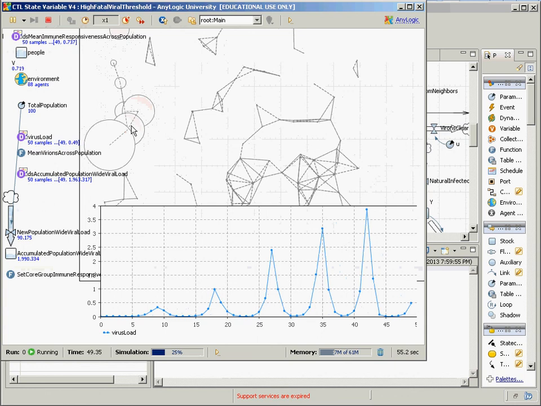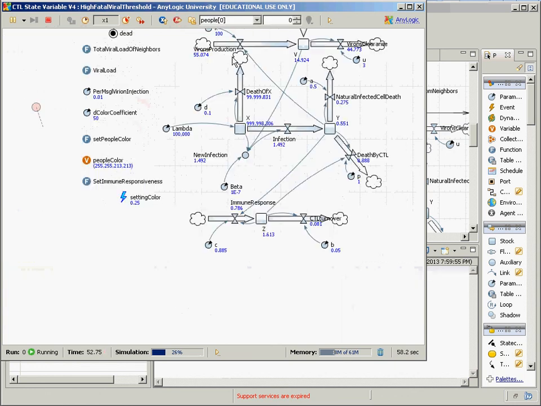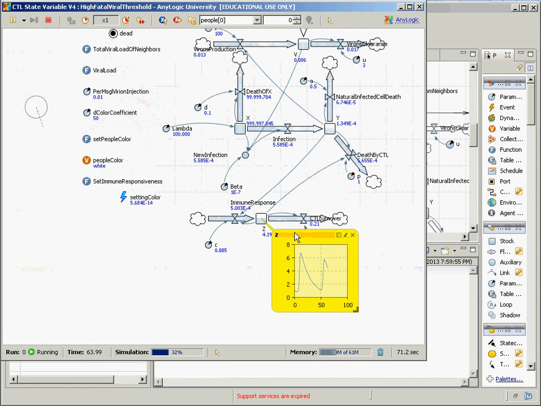If we go down here, we'll find people who are no longer infected or have very low levels of infection and have contained it through their immune system response, and they maintain quite high levels of immune system. So here we see at an individual level some of the dynamics going on.